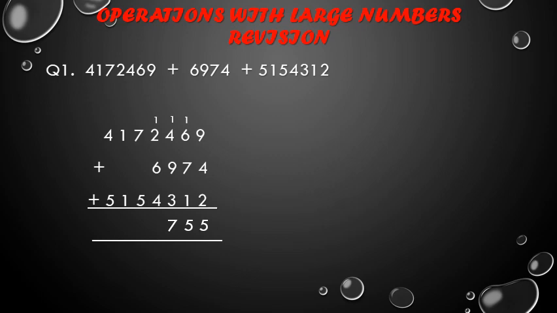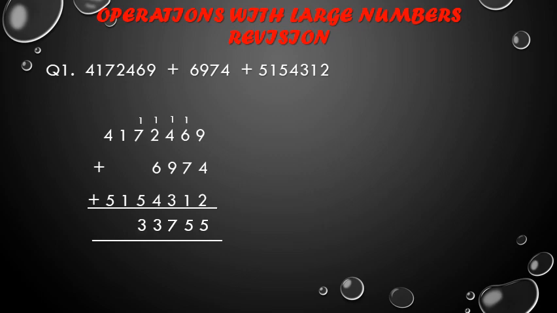And now 6 plus 2 plus 1 plus 4 is equal to 13. So 1 will be carried again to the 10,000 place. Now children, we will add 1 plus 7 plus 5, which is equal to 13.